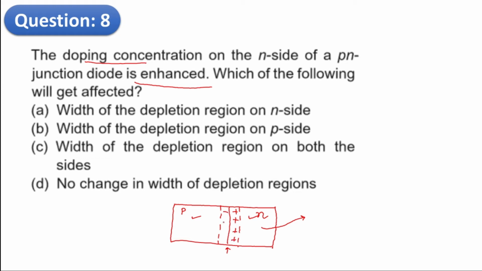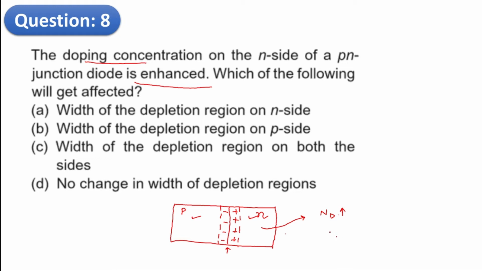Okay, so the question is, the doping concentration on the N side is enhanced. That means the donor concentration on the N side increases. In that case, the depletion width will be affected.